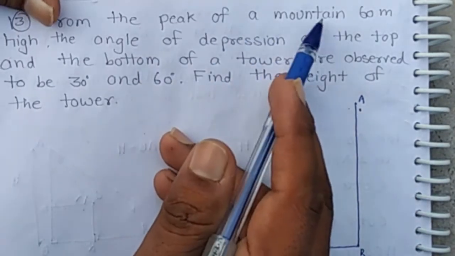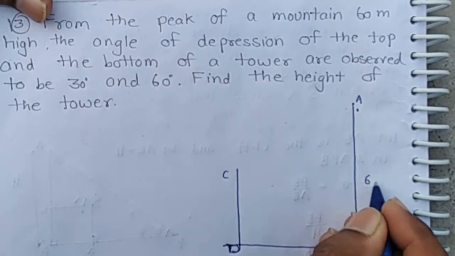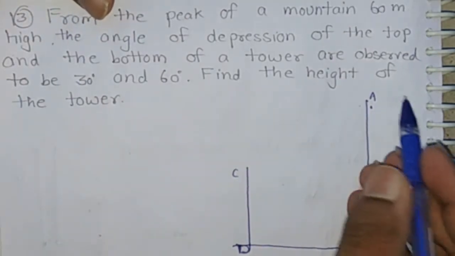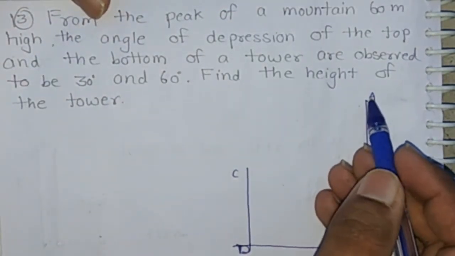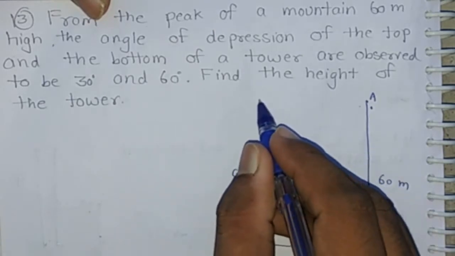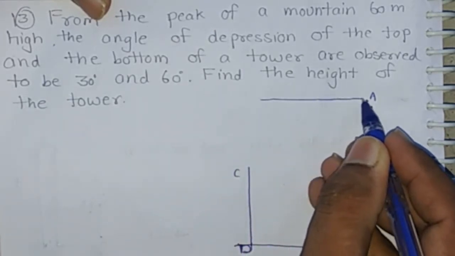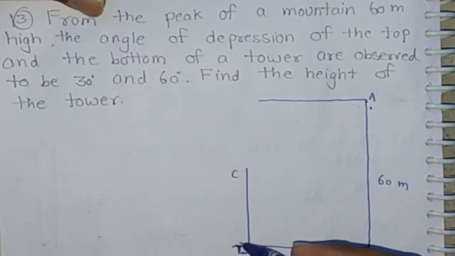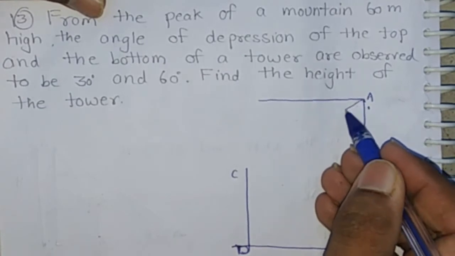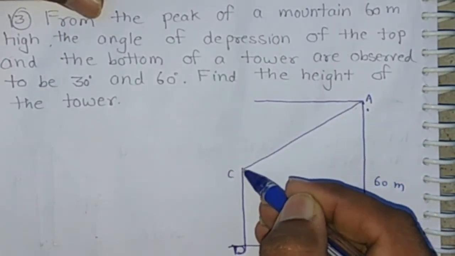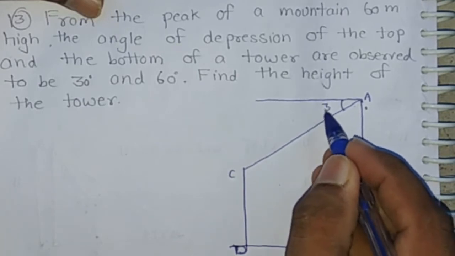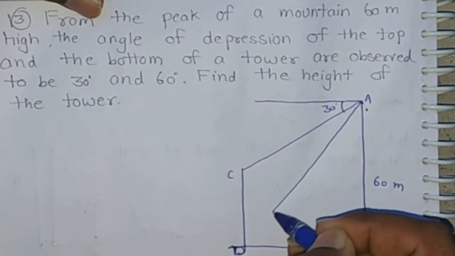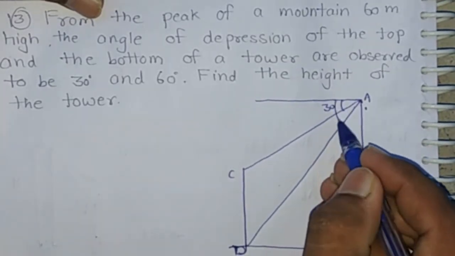Now, from the peak of a mountain 60 meter high, the angle of depression to the top and bottom of the tower are 30 degree and 60 degree.